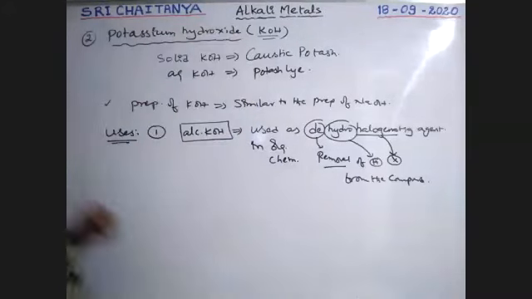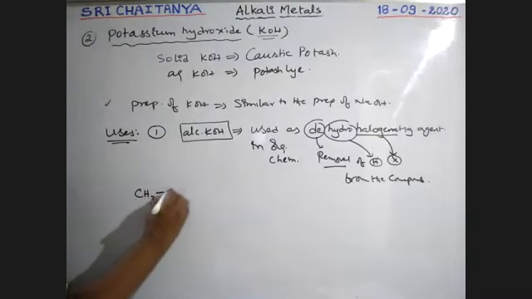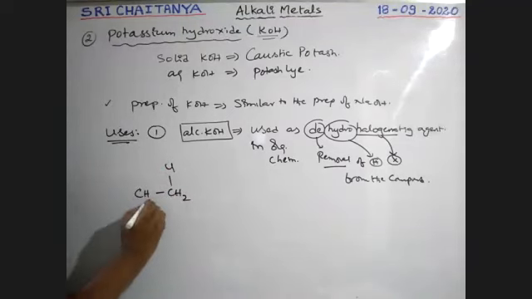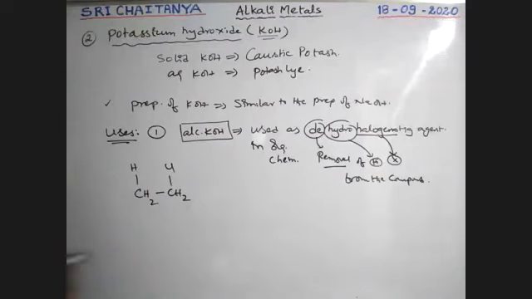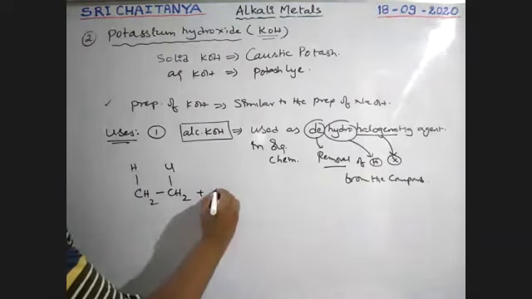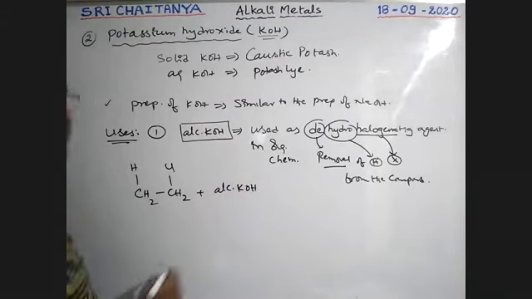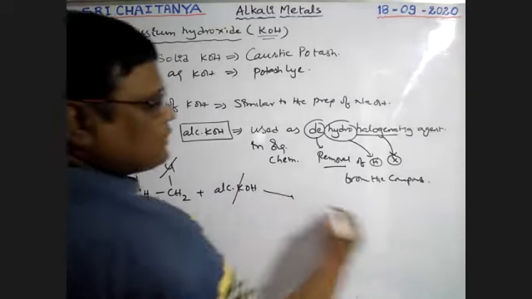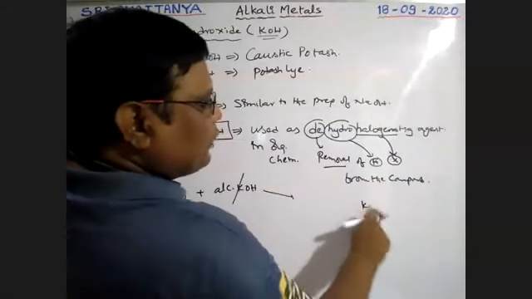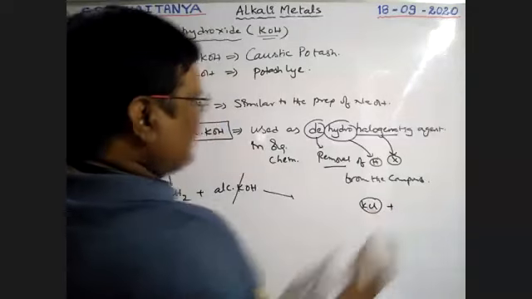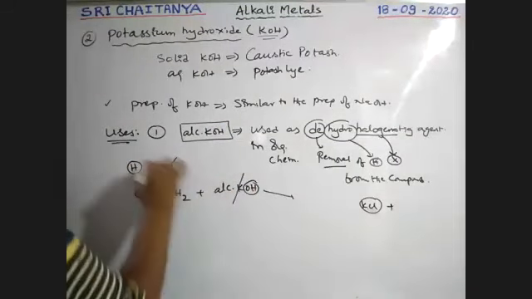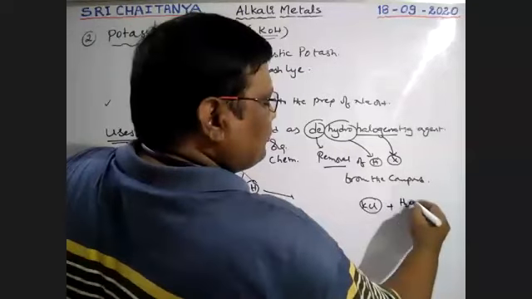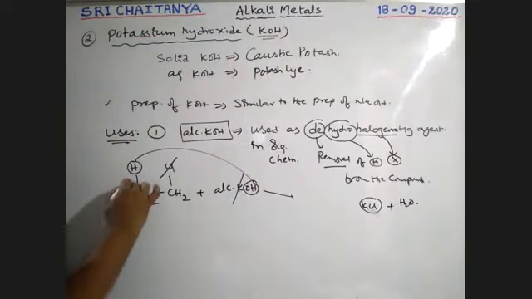Let us take an example. CH3-CH2Cl, ethyl chloride. I am taking the CH2 like this. These are the adjacent carbons, boys. Now I am using alcoholic KOH. Whenever alcoholic KOH is used, the potassium and this Cl go out as KCl, and this hydrogen and the OH combine to give H2O.